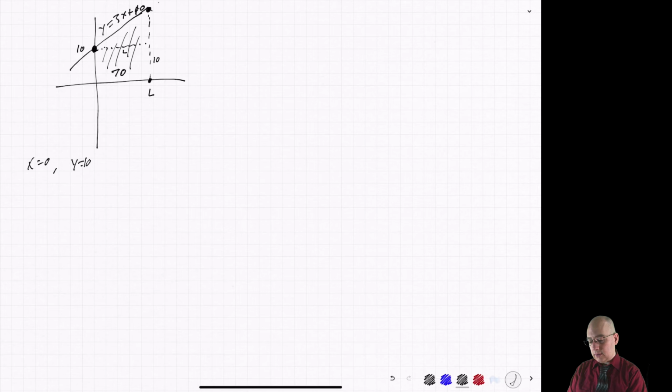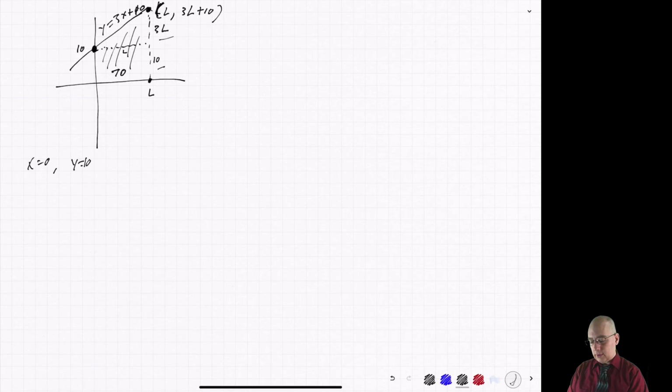And because it's on this line, we just plug in L for x, and that gives us our height. It's 3L plus 10, so the height is 3L plus the 10.